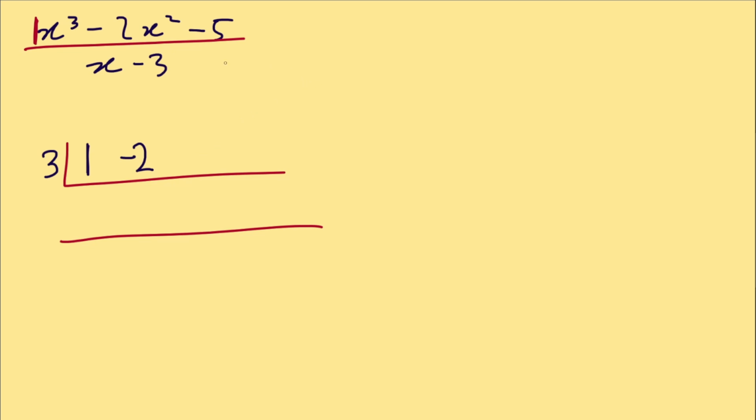You actually have to write 0 to make up for this missing x, because you could also write this polynomial as x^3 minus 2x^2 plus 0x minus 5. So we write it as 0 here, and then the negative 5. Well, now we can go through and solve it.